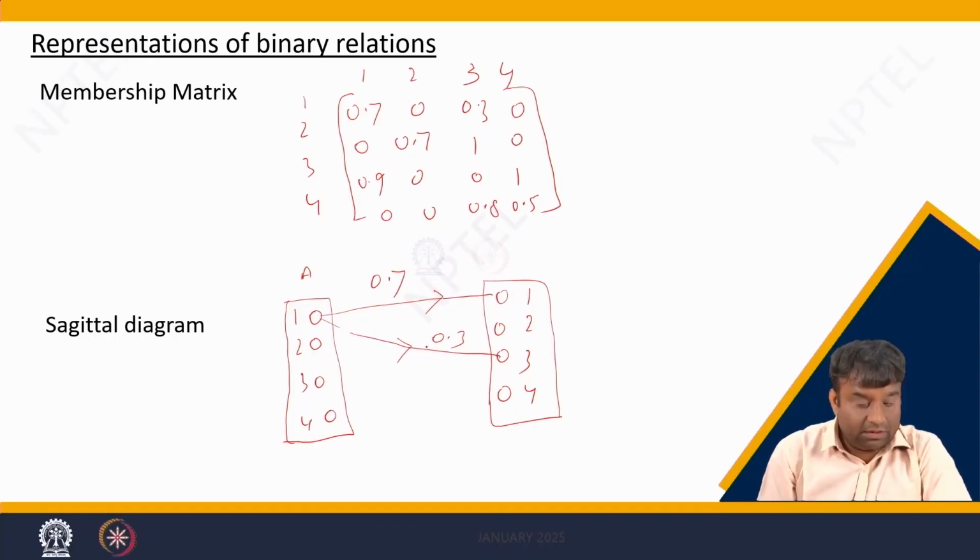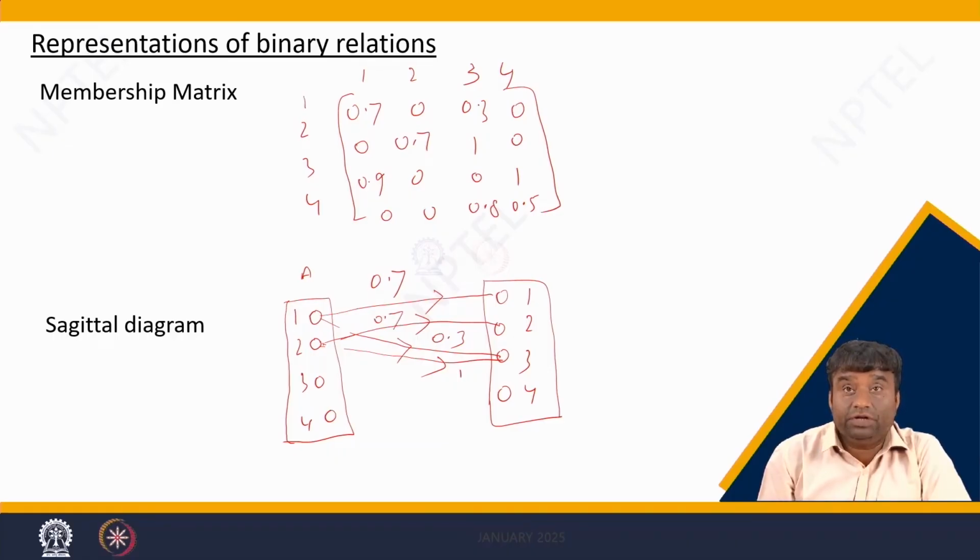Similarly 2 with 2 is 0.7, and 2 with 3 is 1.